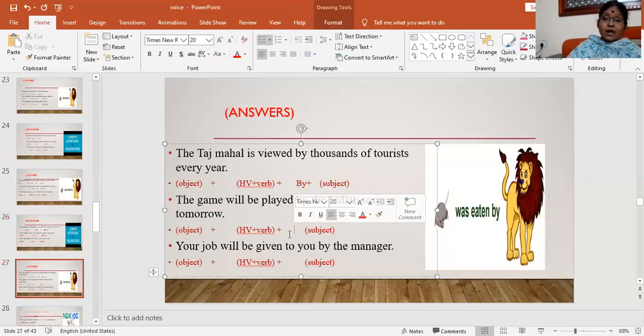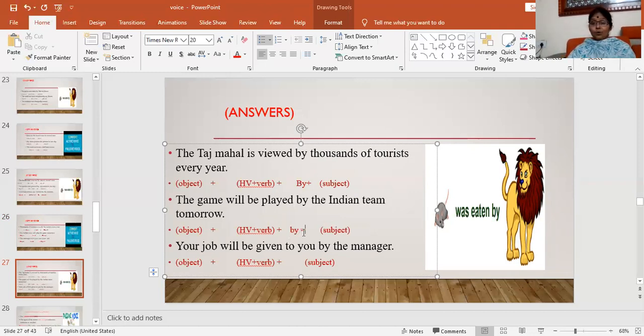What is your answer? The game will be played by the Indian team tomorrow, right? So what you are doing is bringing your object here, your subject here, helping verb, main verb, with by, right?